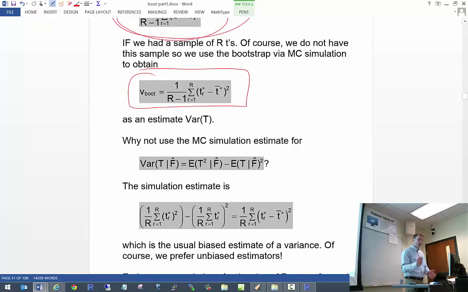So if I were to do the plug-in estimate, I wrote out my variance of t, and I put an f hat in there. Well, what is the variance of a random variable? It's the expected value of the random variable squared minus the expected value of the random variable, that quantity squared. And so that's what I did here. And notice how I have hats in there.